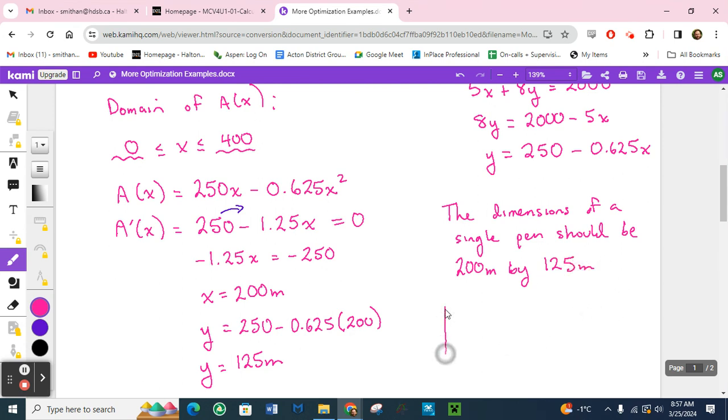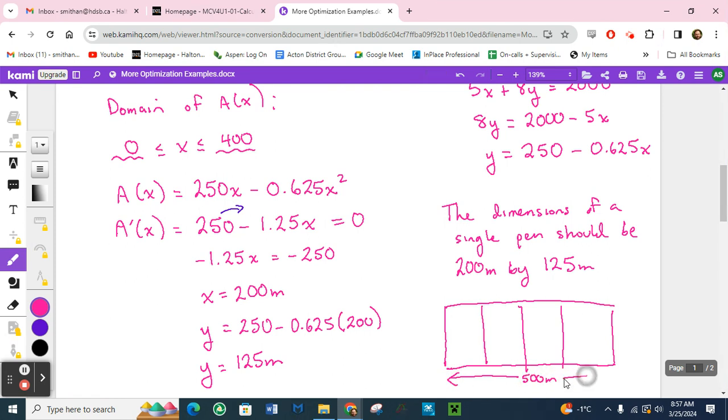And then maybe if you wanted to, give your rancher friend an idea of what that would look like. 1, 2, 3, 4. That means the whole thing would be 500 meters, each individual one 125, and then vertically 200 meters. So the whole thing would take up 200 meters by 500 meters of space.